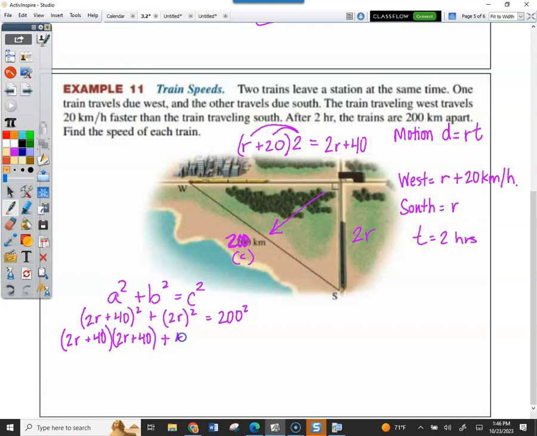Now this we can do, this is 4r squared, right? We multiply 2r plus 40 out. I put 1600.